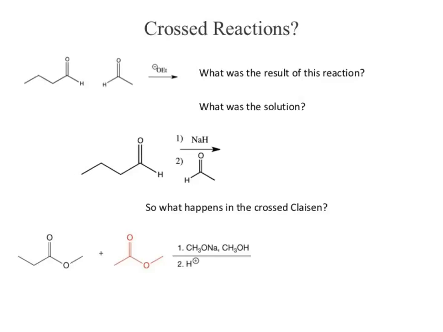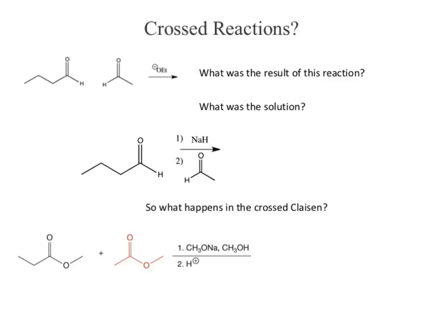So what happens if we move to the crossed Claisen? Okay, if we had crossed aldols, of course we can do crossed Claisens. So what's going to happen now? Would we expect the same kind of thing? If your base replicates your leaving group, no matter what, you get the same.